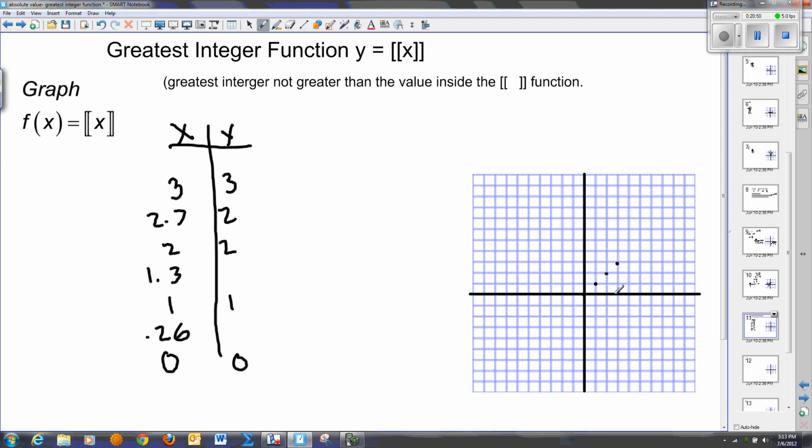So at 2.7, I get a value of 2 out. What is the greatest integer not greater than 1.3? That answer is 1. So at 1.3, you get 1 out. At 0.26, what is the greatest integer not greater than 0.26? Well, it's 0.